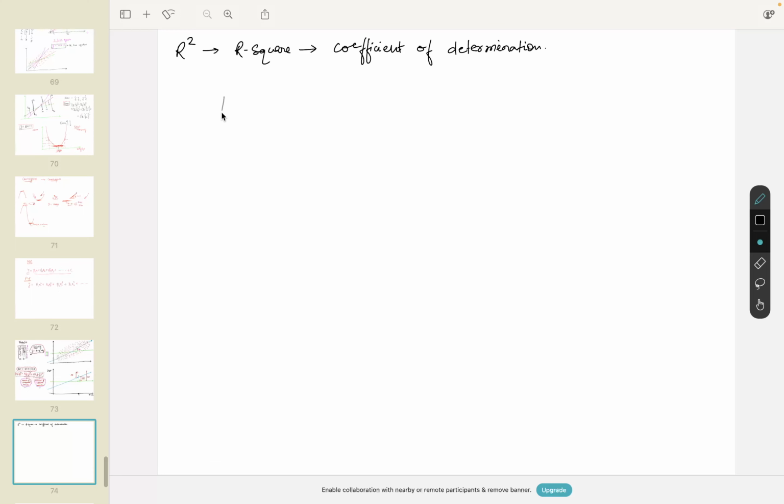The formula for r square is SSR, that is sum of square of residual, by SST, that is sum of square of total. Okay, so if we want, we can even break it down as sum of square of residual by sum of square of error plus sum of square of residual, right?